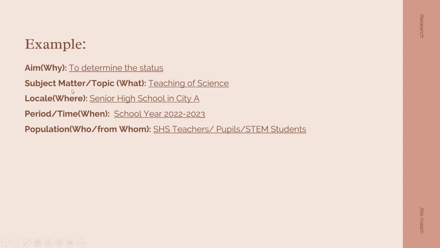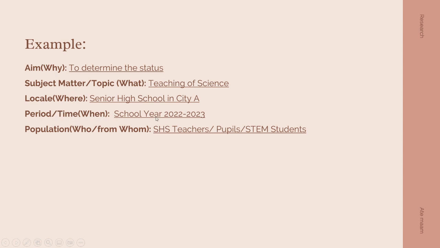So next is the where, which is the locale. An example is senior high school in CTA. So you can put anything here that is accessible to you. So for example, you live in Batangas or in Pampanga, you want to focus on those areas. Next is the period or time or when.